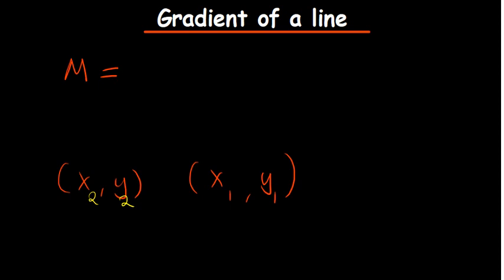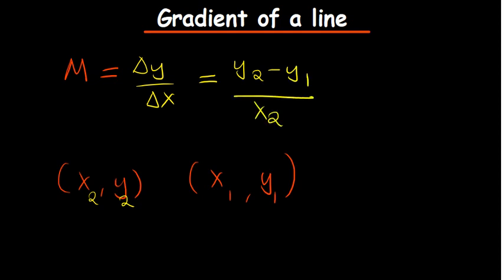The gradient is the change in a quantity. Think of it as the change in y divided by the change in x. It doesn't matter which y value you start with. So the change in y, let's start with 2, is y2 minus y1 divided by x2 minus x1. That gives us the gradient.